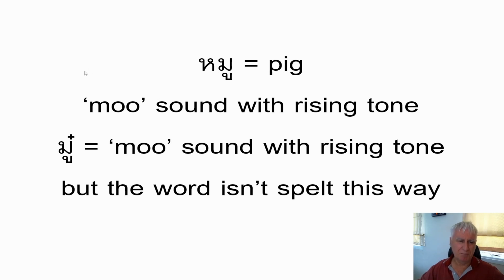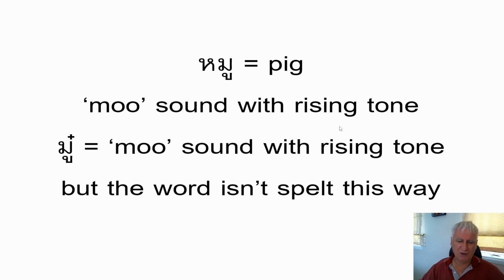It makes a basic M-O-O moo sound, and it's got a rising tone. It's like moo. Now, if I didn't know the correct spelling and I was just asked to try to write this word correctly, I would use a mo ma initial consonant and then the long oo to get that moo sound.